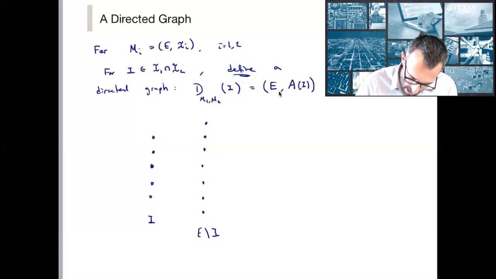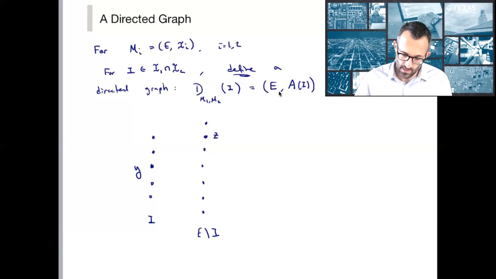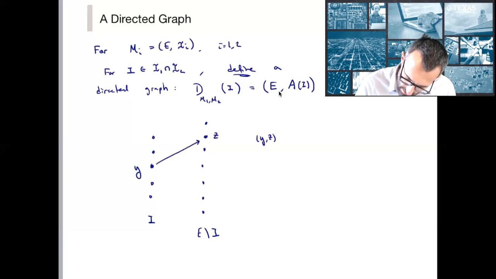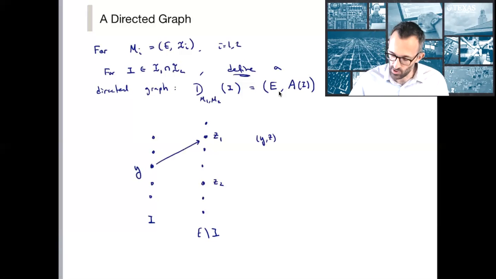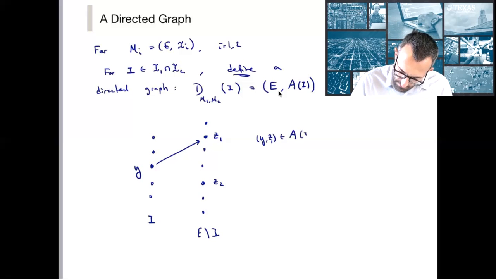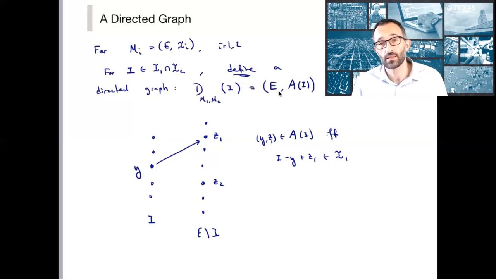So for any y here on the left and any z on the right, let me call this z1 and let's call this z2 just so we don't have edges on top of each other. So y z1, meaning it's an edge pointing from y to z1, this arc exists if and only if I minus y plus z1 lands me in an independent set for the first matroid, but possibly not the second.